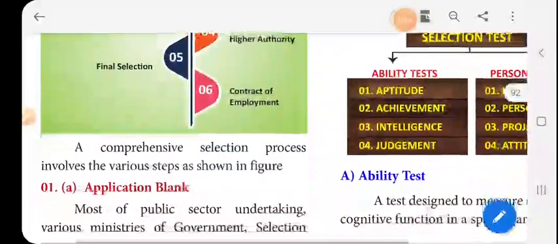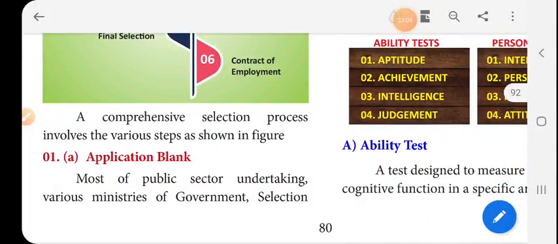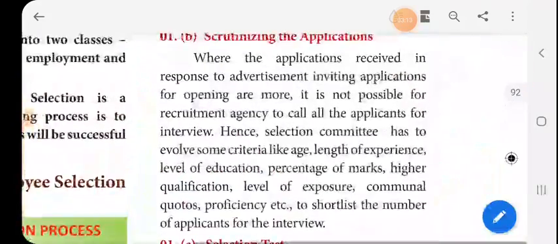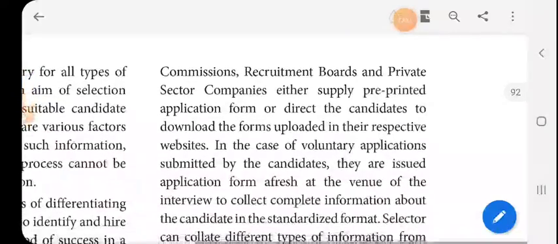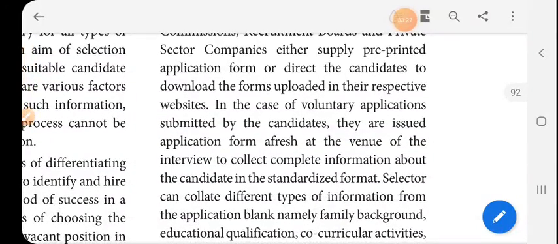First one, application plan. Most of the public sector undertakings, various ministries of government, selection commissions, recruitment boards, government companies and private sectors either supply a pre-printed application form or direct the candidates to download the form uploaded on their respective website.